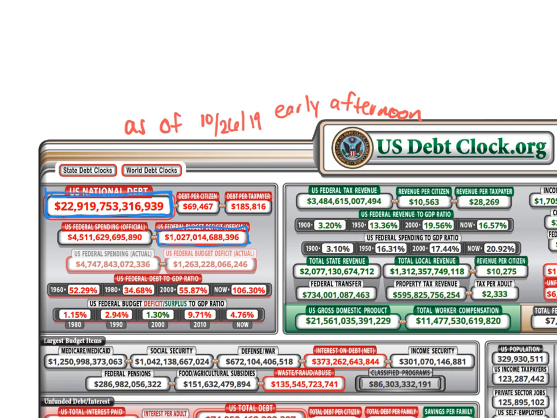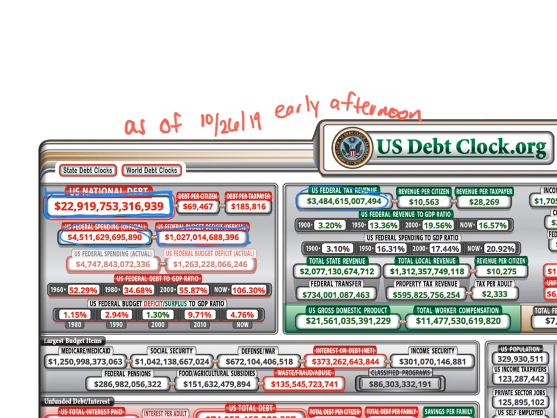And that budget deficit is a combination of the federal spending of $4.5 trillion and the federal tax revenue of about $3.5 trillion. So when we subtract the tax revenue from federal spending, we get that budget deficit.